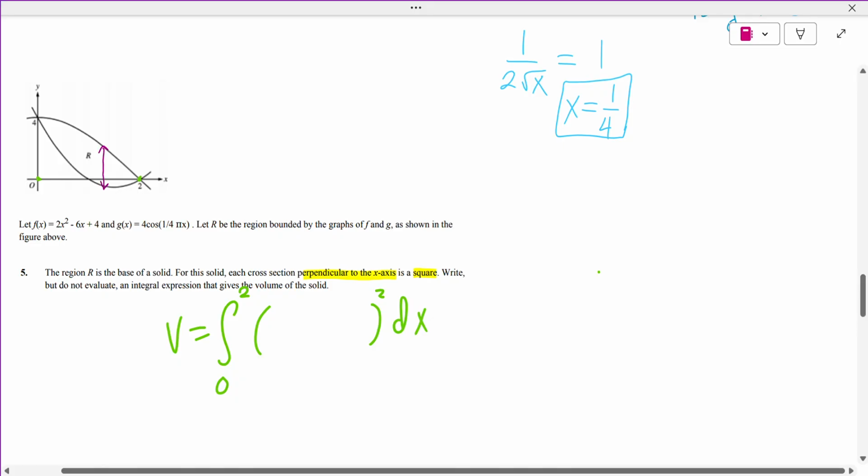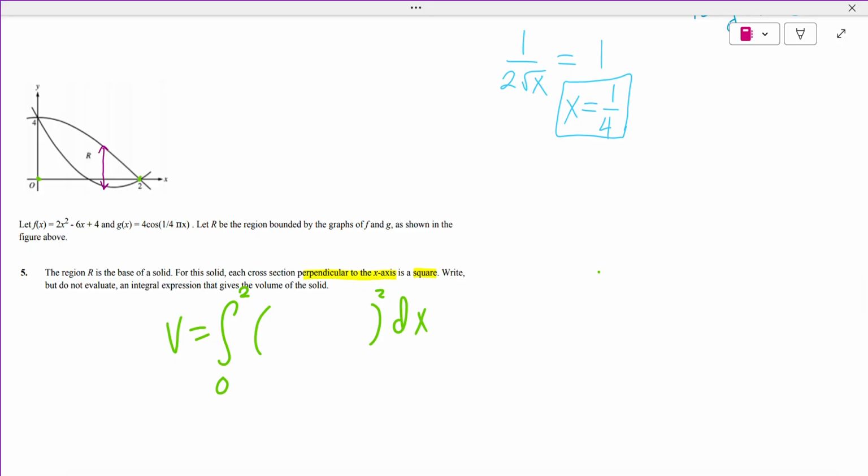The upper function will be the sinusoidal function, the cos thing, and the lower function will be the quadratic function. So this is going to be g minus f, g of x minus f of x. We can just write it easily here.